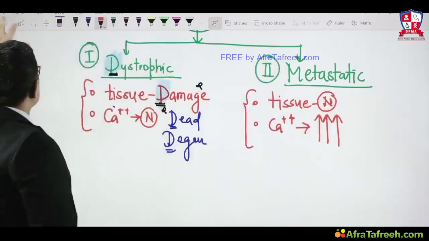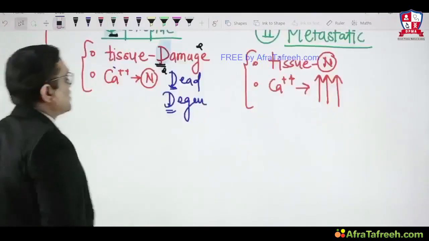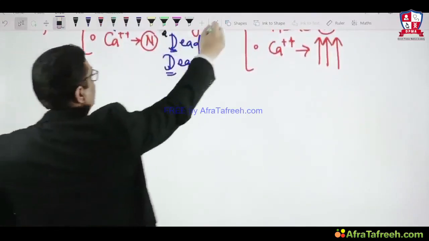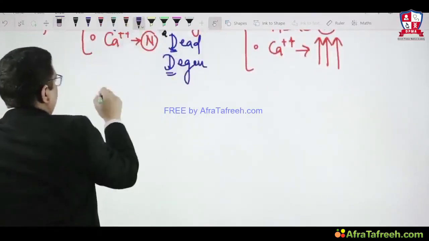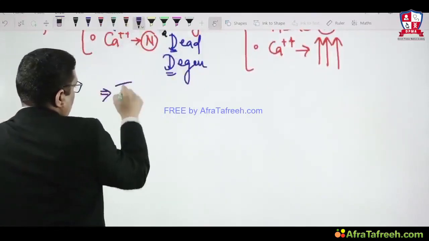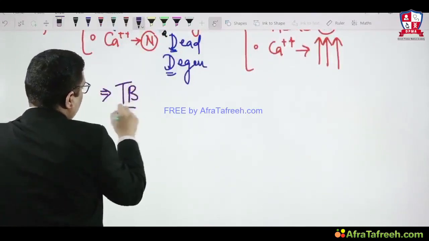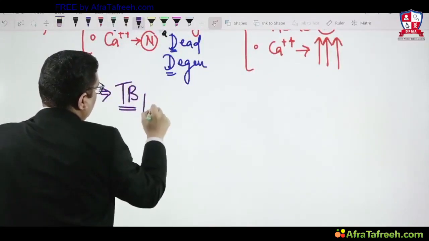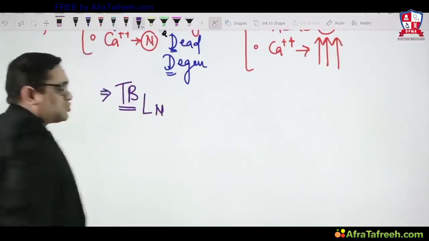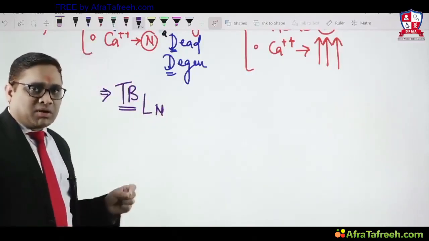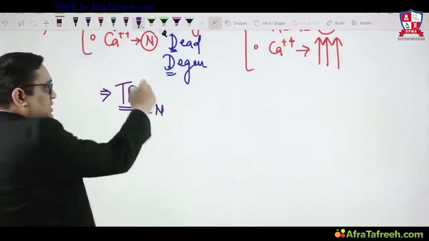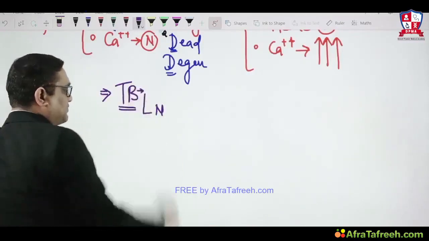What are the examples of dystrophic calcification? Whenever you find inflammation, say TB inflammation causing damage of lymph node tissue, a TB lymph node is an example of dystrophic calcification, because TB bacilli damage the lymph node.